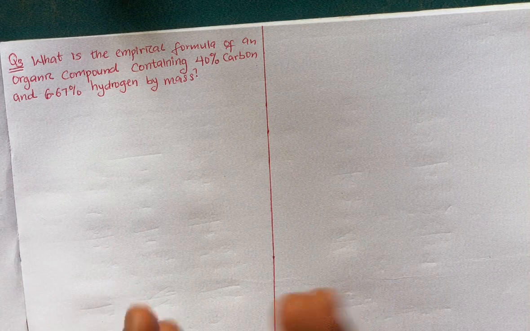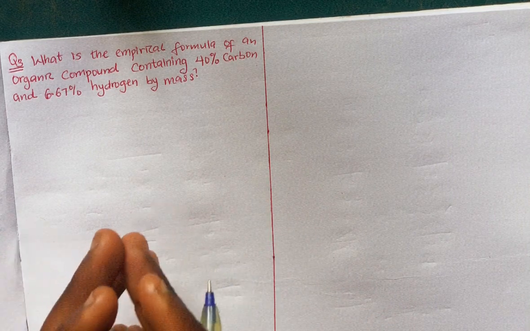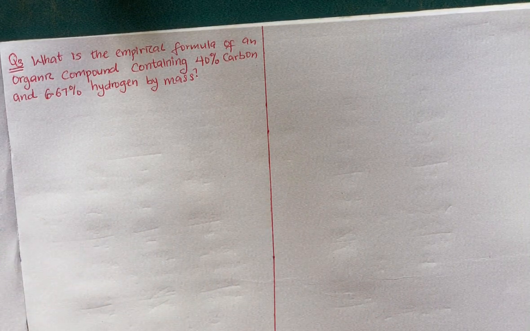So in this case, you can say that oxygen is present, because if you have a particular unknown organic compound and the percentage is not up to 100%, that means the next element that we should assume is oxygen, because oxygen also takes part in organic reactions.